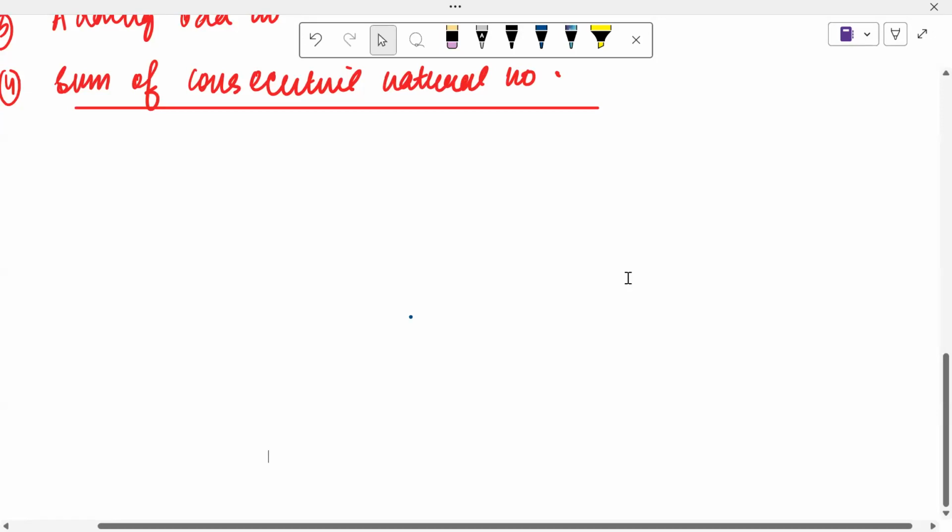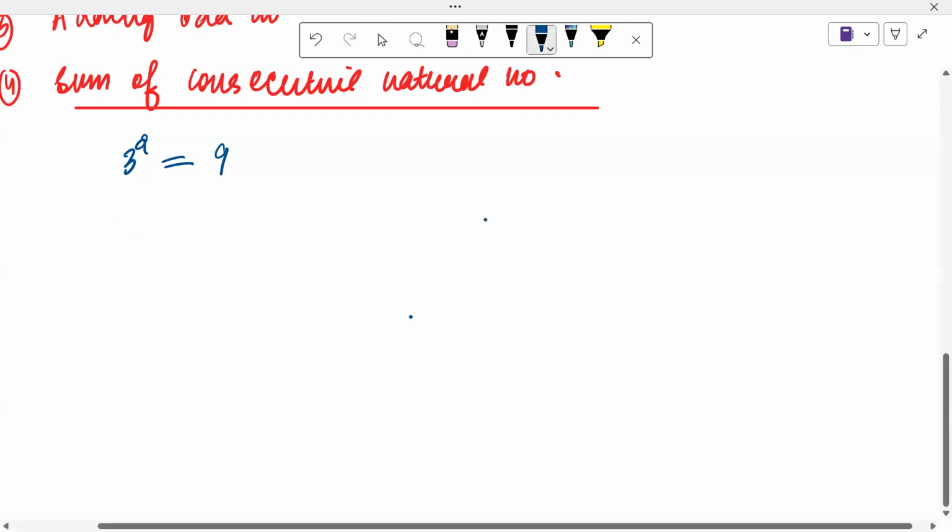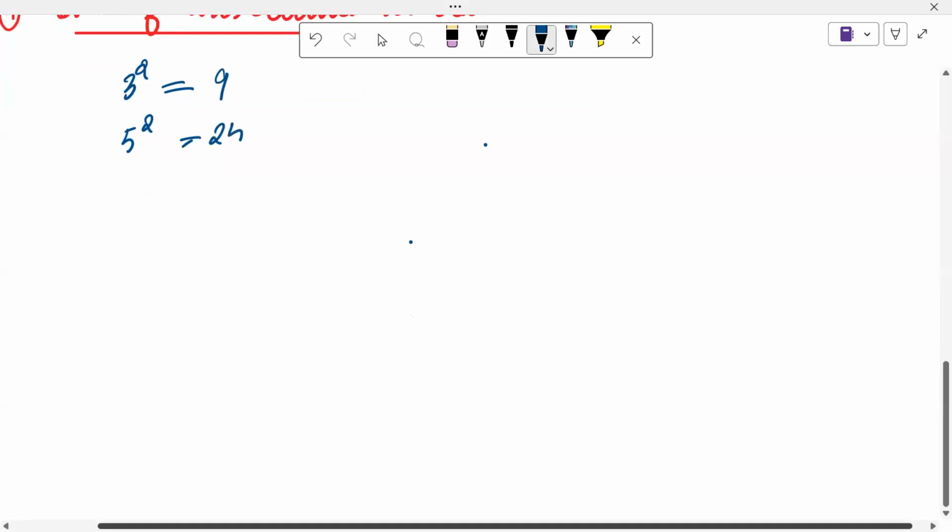See, I'll explain. Listen carefully, both of you. This rule basically states that the square of any number, consider 3 square. What is 3 square? 9. Consider 5 square, since we take odd numbers. 5 square is 25.